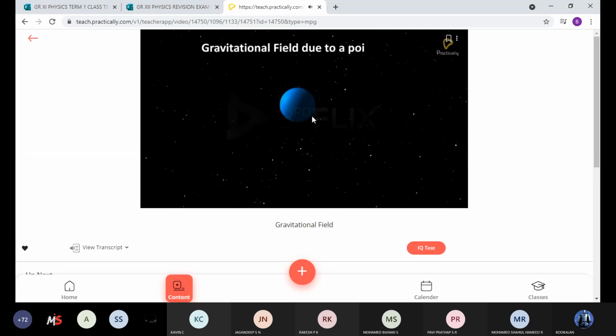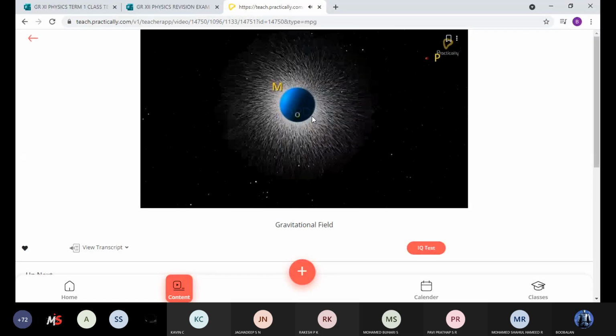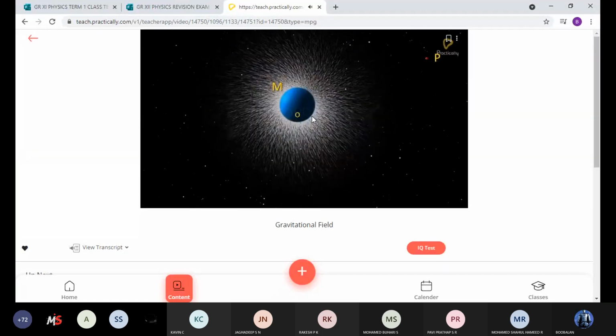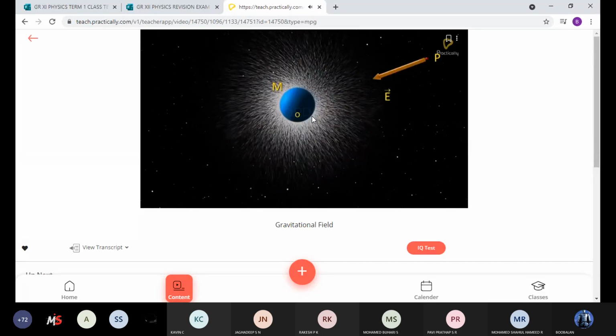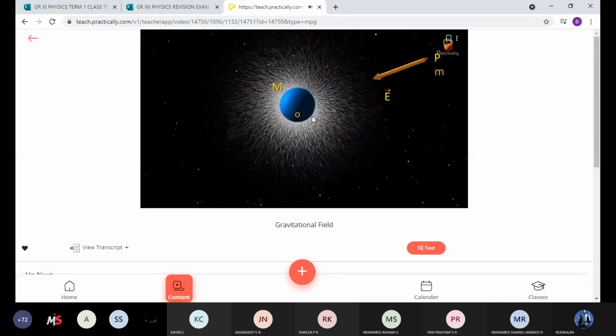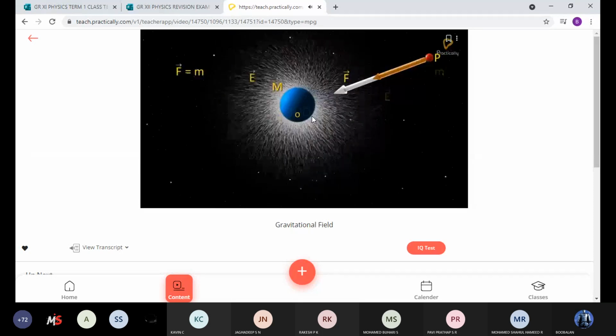Gravitational field due to a point mass. Consider a point mass M placed at point O. Let the mass M create a field E bar at point P. Then an object of mass m kept at P experiences a force mE bar.